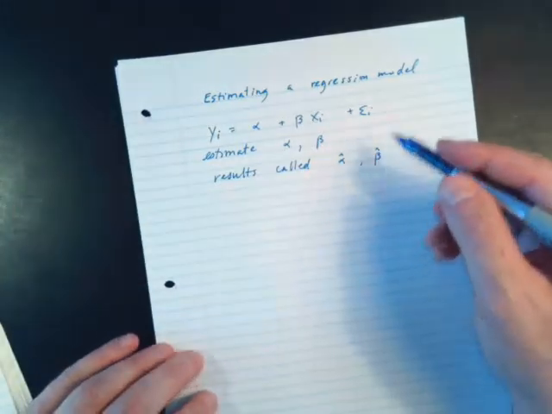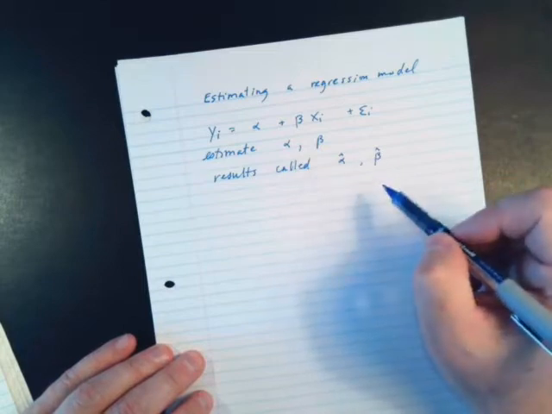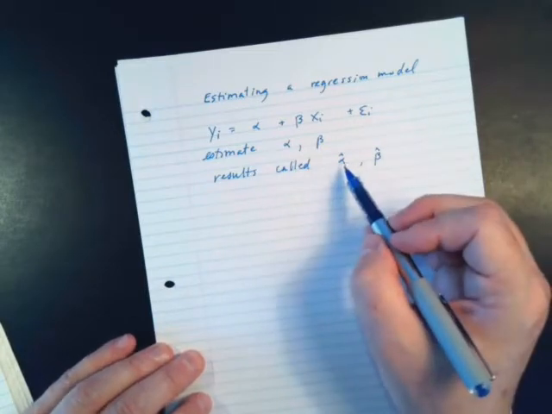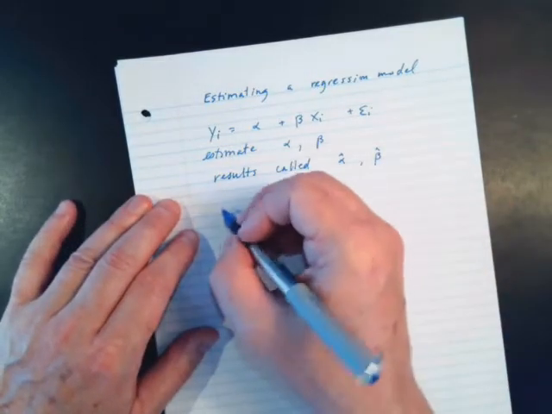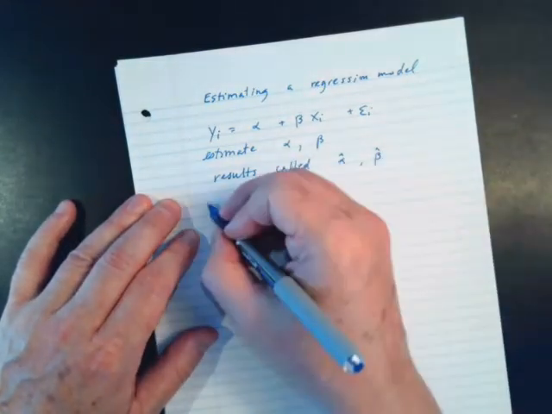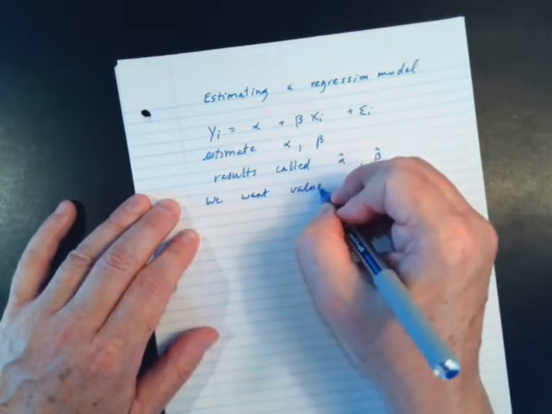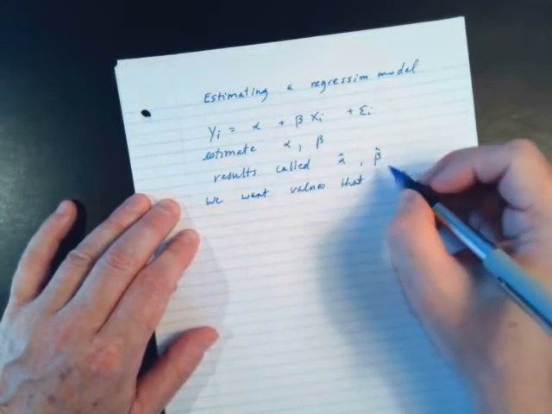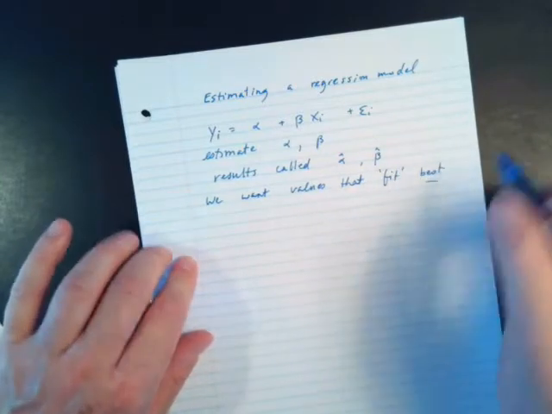The hat is the indicator that we're looking at the output of a regression estimation. Okay, we've picked the values of alpha and beta that we want. And what do we want? Well, we want values that fit best.